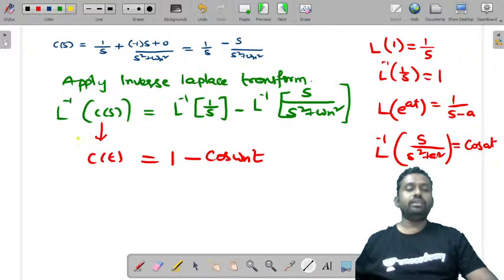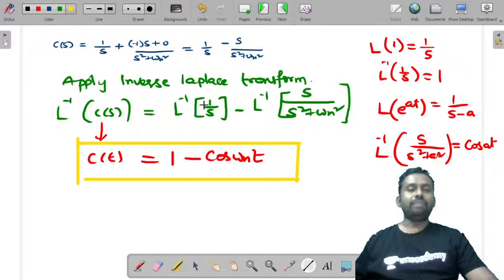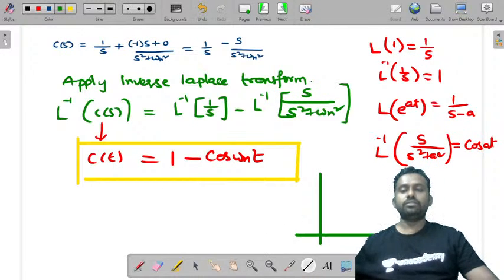This is the response of a second order undamped system for unit step input. Similarly, if you try to draw a graph for this, take both input and output.